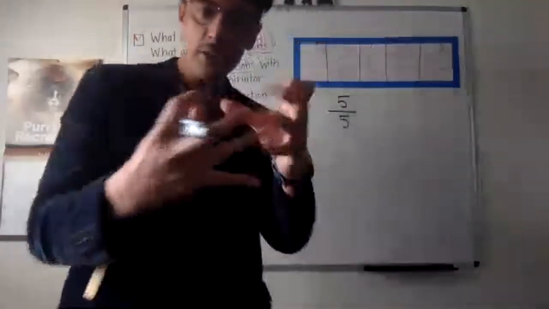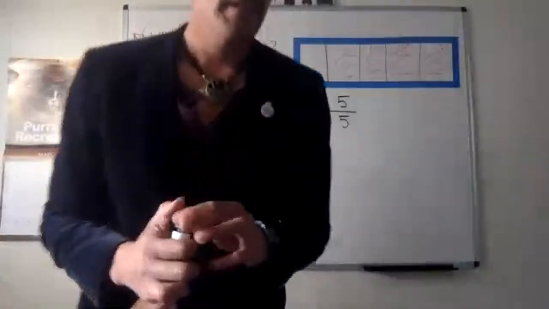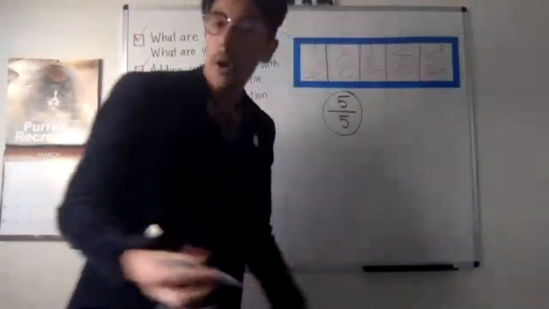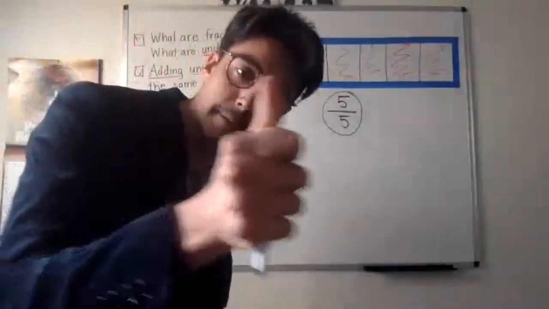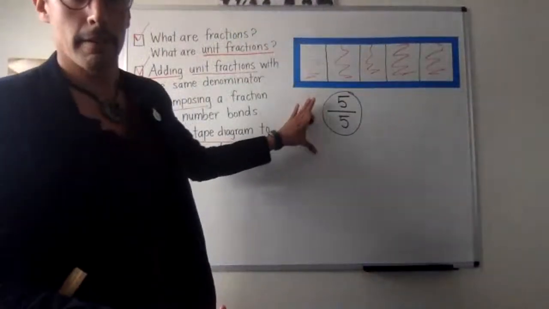5/5. I can decompose that 5/5 into the unit fractions. If I were to decompose this 5/5 into unit fractions, all I'm saying is how many individual pieces make up the fraction of 5/5.